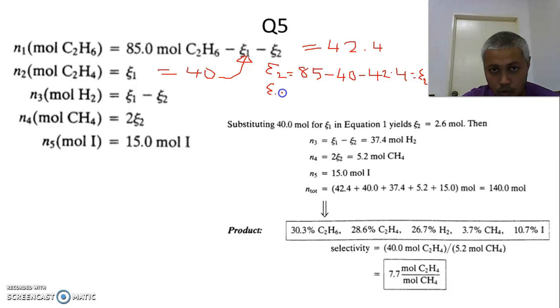So epsilon 2 equals 85 minus 40 is 45. 45 minus 42.4 is 2.6 mole. Okay, so we have 2.6 mole.